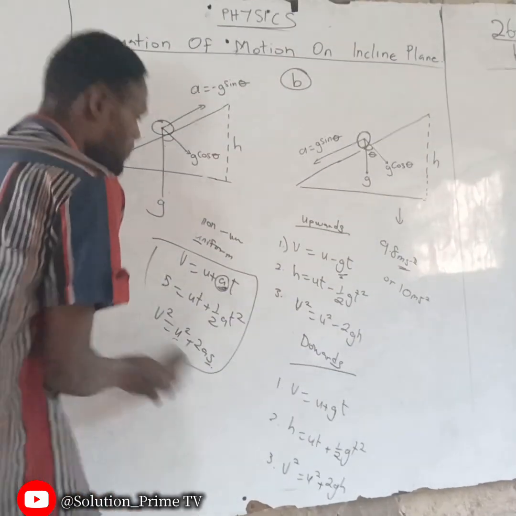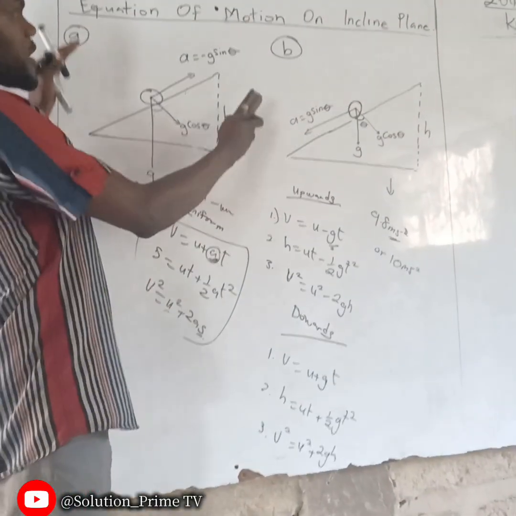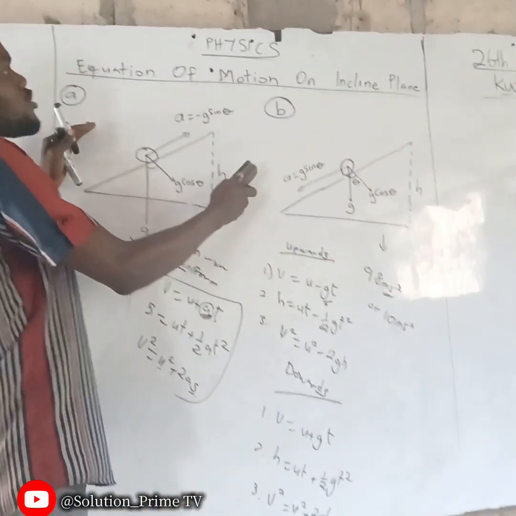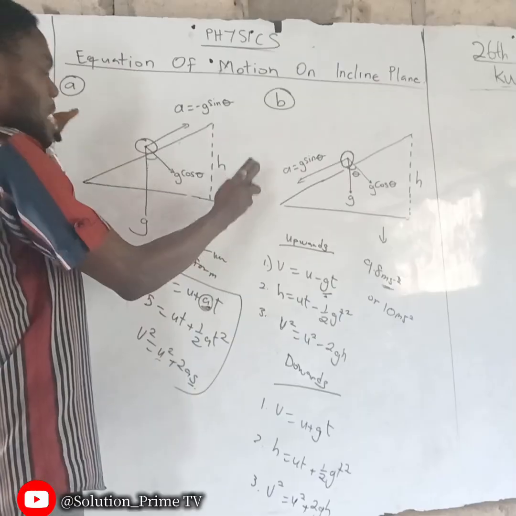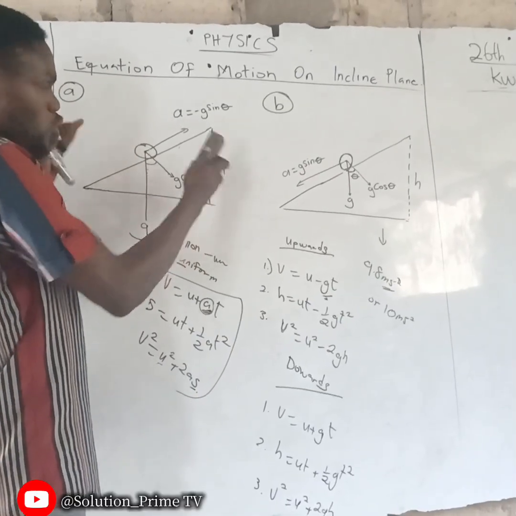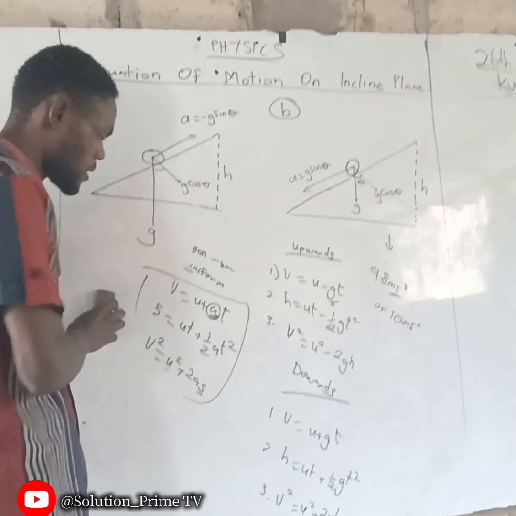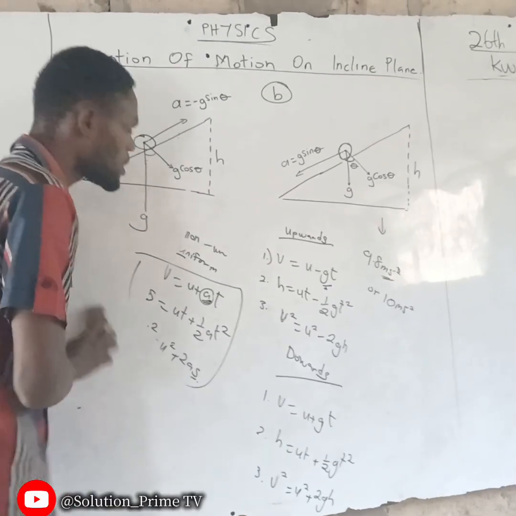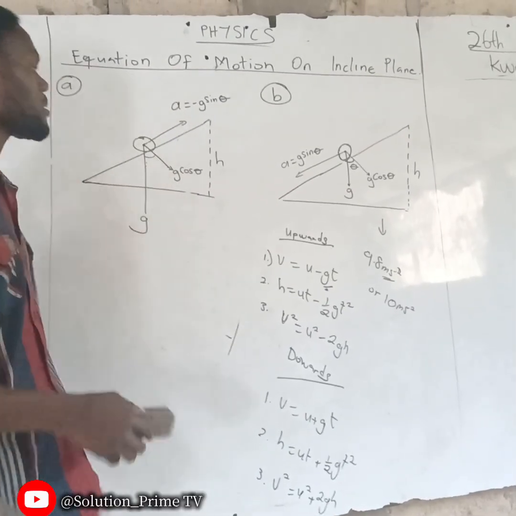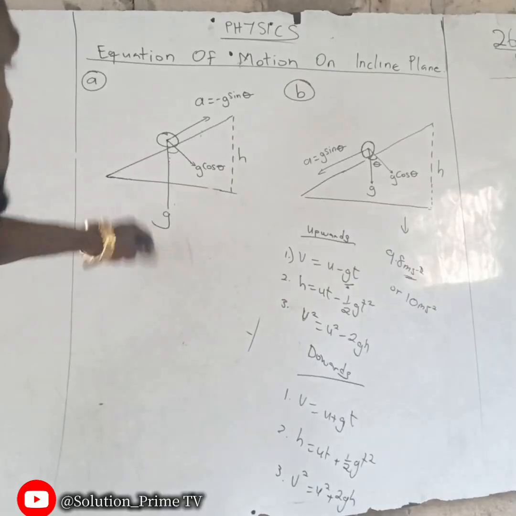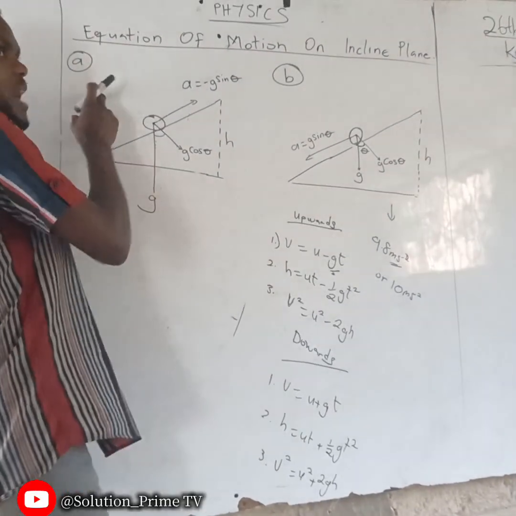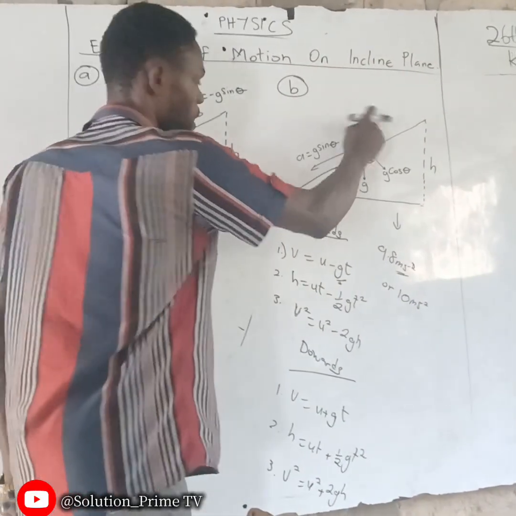Okay, since we are dealing with this particular question, the equation of motion on an inclined plane, this topic involves angles. So we have to take angles into consideration. I have two diagrams here, one diagram, another diagram.